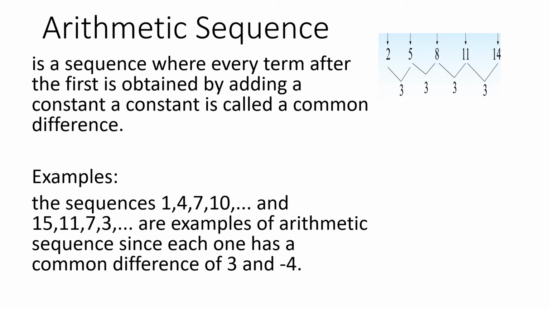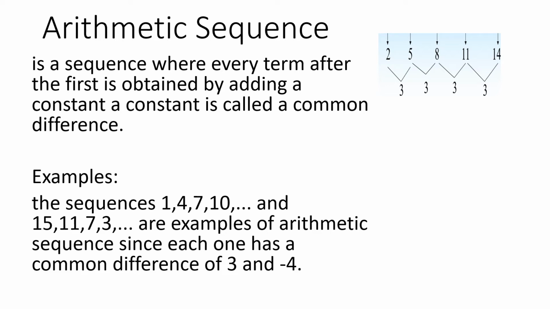So another example, we have the sequences 1, 4, 7, 10, and 15, 11, 7, 3. These are examples of arithmetic sequences since each one has a common difference of 3 and -4. Okay, 1 plus 3 is equal to 4. 4 plus 3 is equal to 7. 7 plus 3 is equal to 10, and so on and so forth, as long as you add 3 to get the next term.